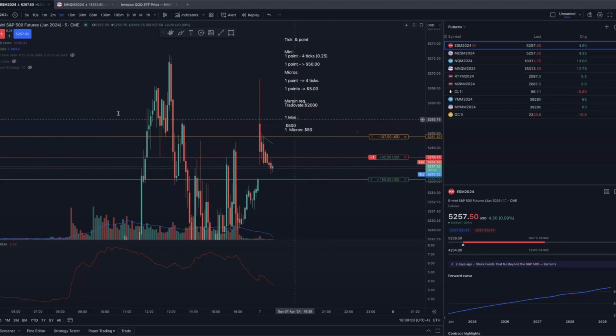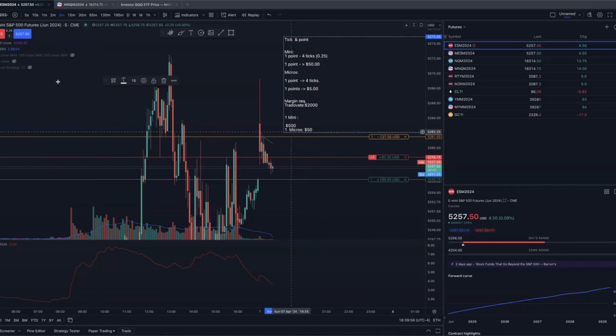Right now, whenever you see MESM, that M right there refers to the June expiration. As you can see right here, MESM 2024 and ESM 2024. Whenever you see an M before the ES, it means it's a micro contract. I hope these are the two ticker symbols you need to be looking out for. You can go to TradingView and type this out, and you're going to get the exact same chart which you see on my screen.